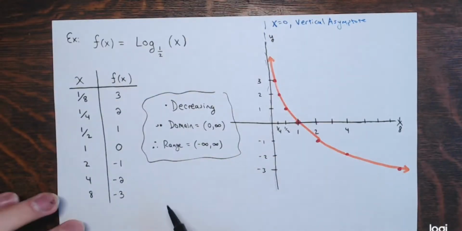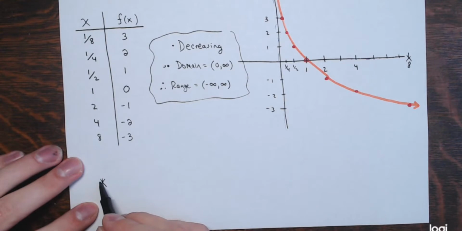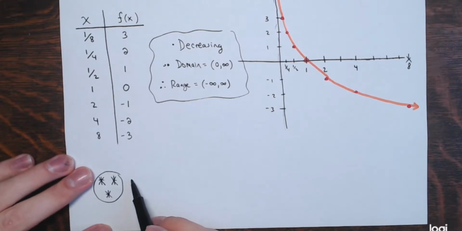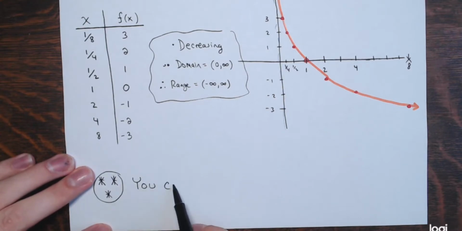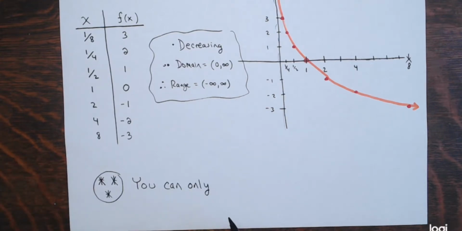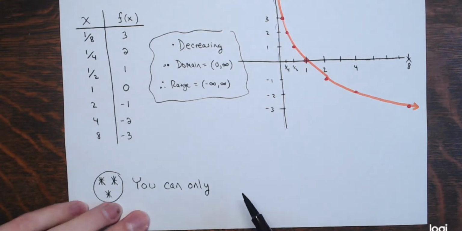Again, huge note at the bottom here. You can only take logarithms of positive numbers in this course. You'll see if you go further in mathematics that logarithms of negative numbers are imaginary or complex with an imaginary part. But we're going to stick to only having real number outputs here.